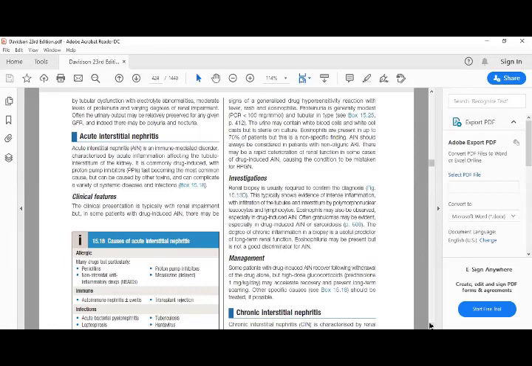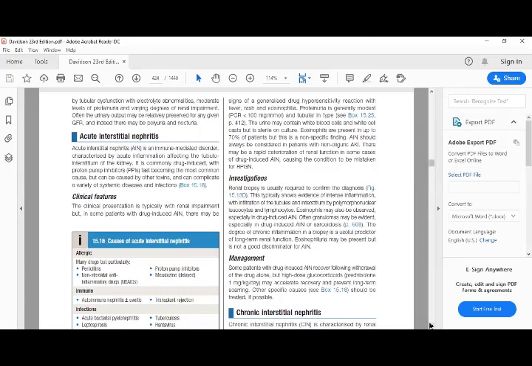Management of acute interstitial nephritis includes withdrawal of the drug which can cause acute interstitial nephritis. High dose glucocorticoids, prednisolone 1 milligram per kg per day, may accelerate recovery and prevent long-term scarring.